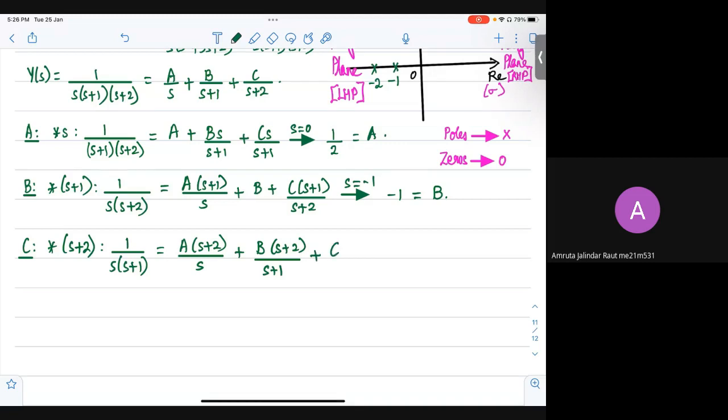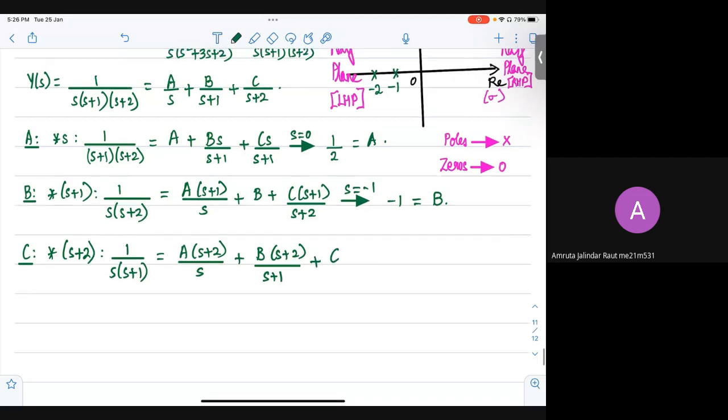Now we substitute s equal to minus 2, because the root of s plus 2 is s equals minus 2. Once we do that, the left-hand side becomes 1 by 2 and the right-hand side becomes c. So these are the three residues.